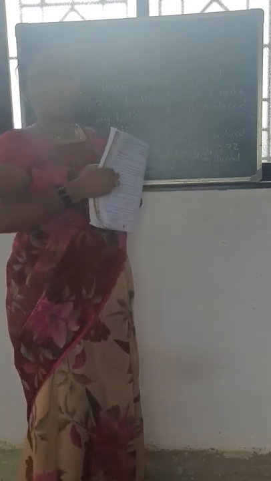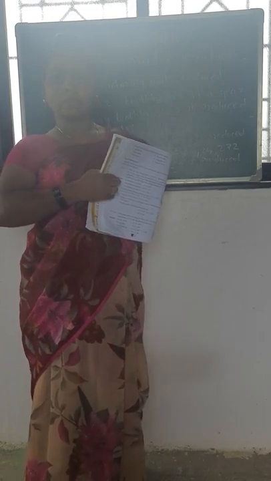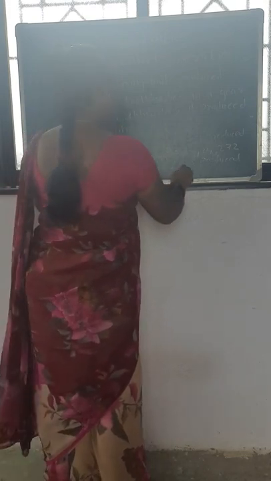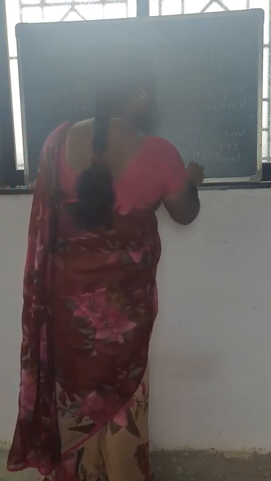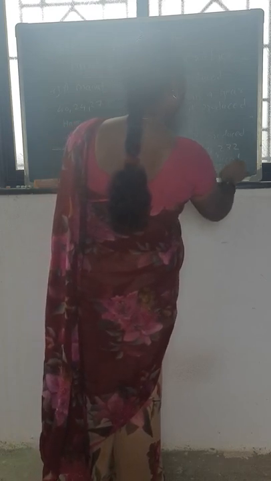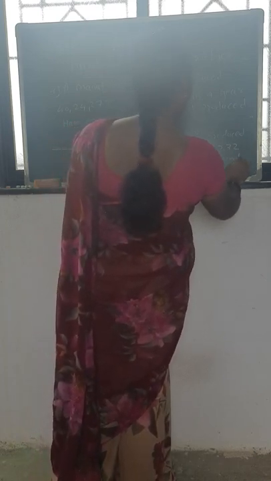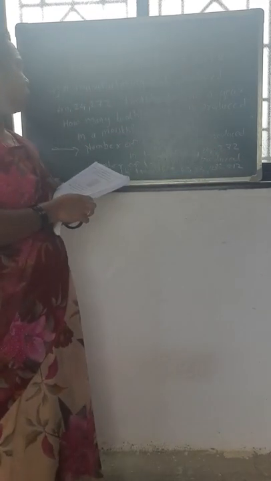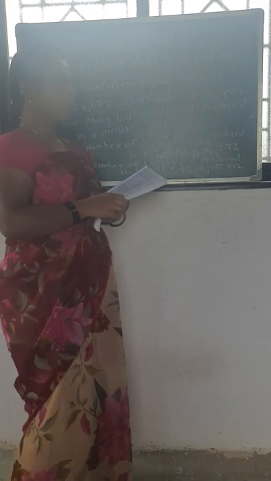Then we divide this. The division is 40 lakh 24,272 divided by 12. Then we get the number of toothbrushes produced in 1 month.